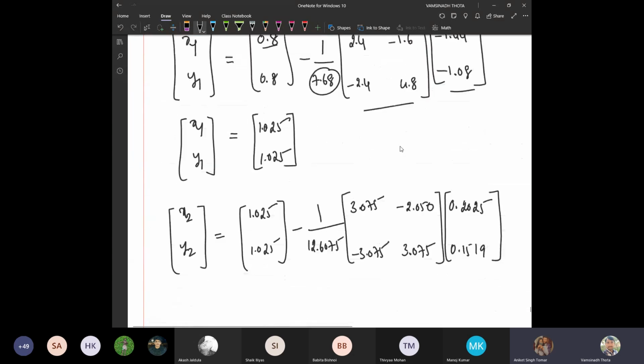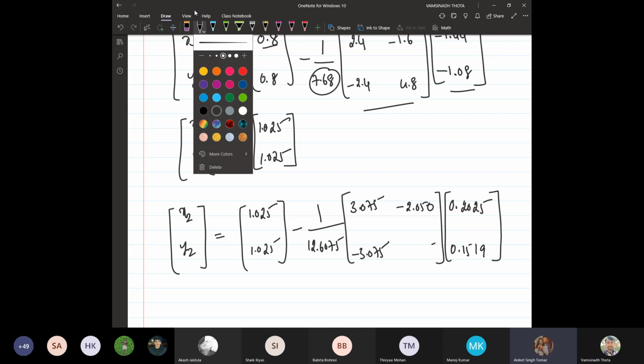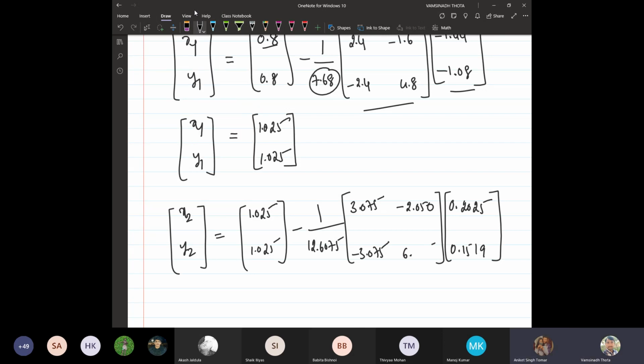And then 6 into x, so that is 6.15, if I am not wrong. Okay.